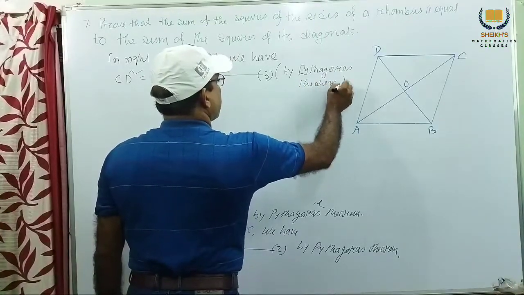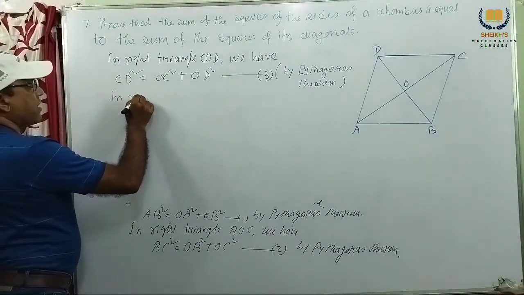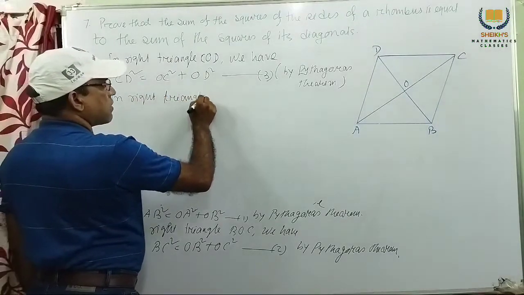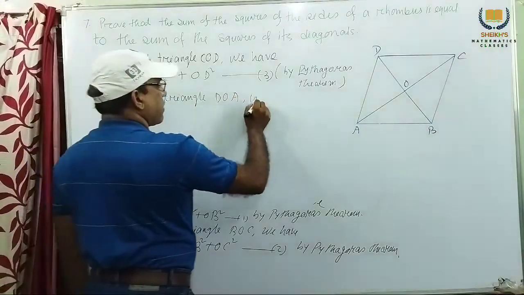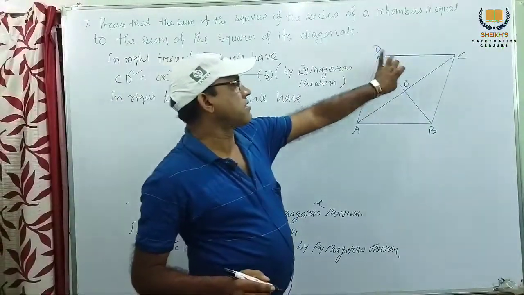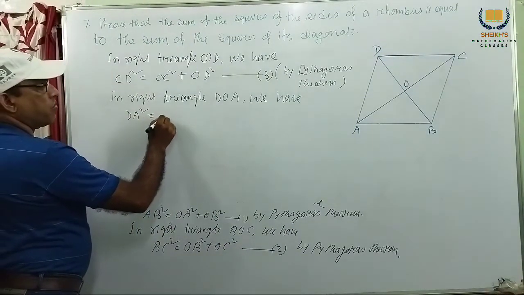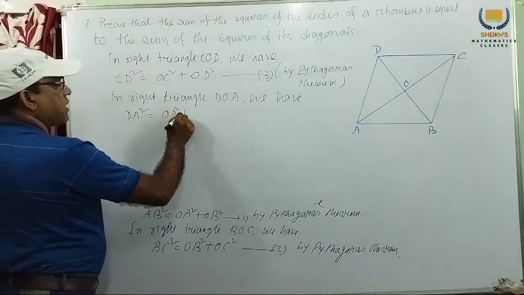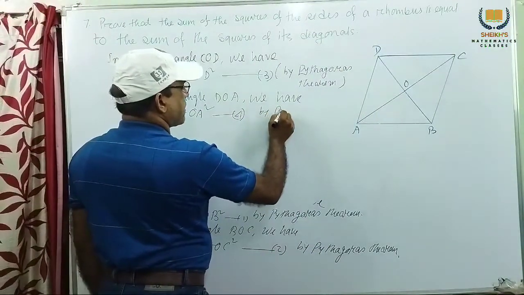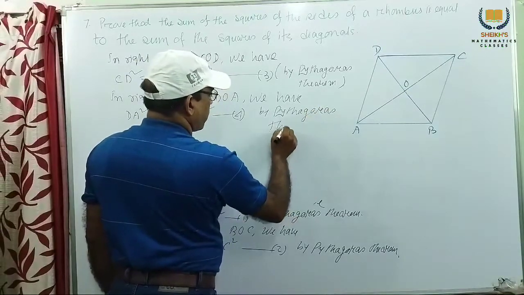And in right triangle DOA, we have this is 90 degrees, then DA square equal to OD square plus OA square. This is number 4, by Pythagoras theorem.